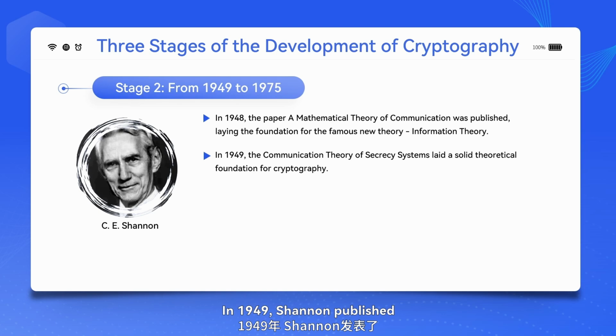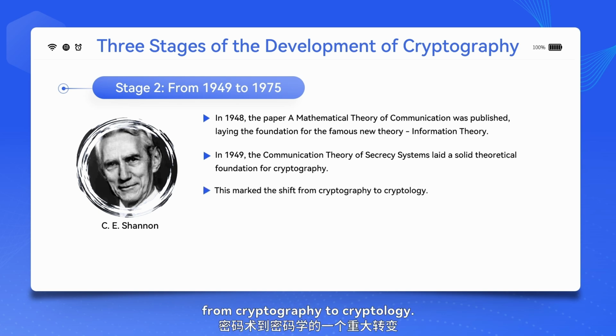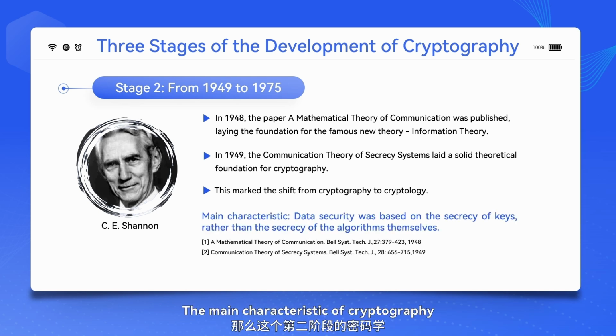In 1949, Shannon published The Communication Theory of Secrecy Systems, which laid a solid theoretical foundation for cryptography, transforming it into a true science and marking a major shift from cryptography to cryptology. The main characteristic of cryptography during this second phase was that data security was based on the secrecy of keys, rather than the secrecy of the algorithms themselves.